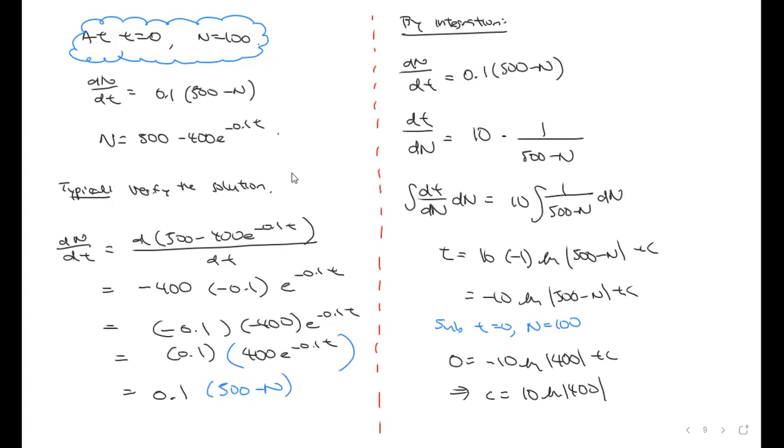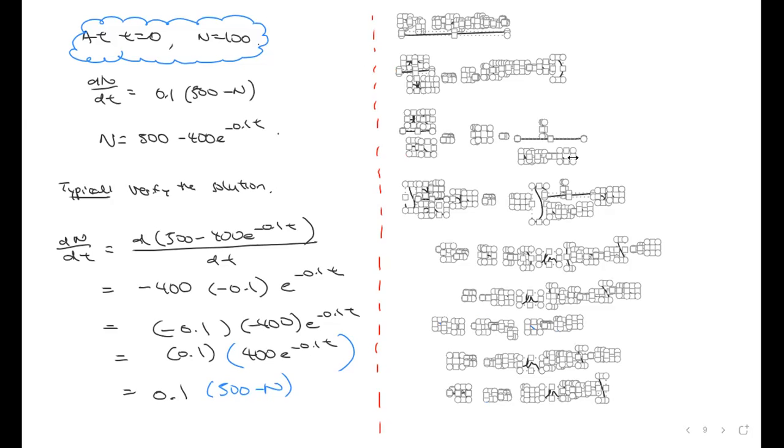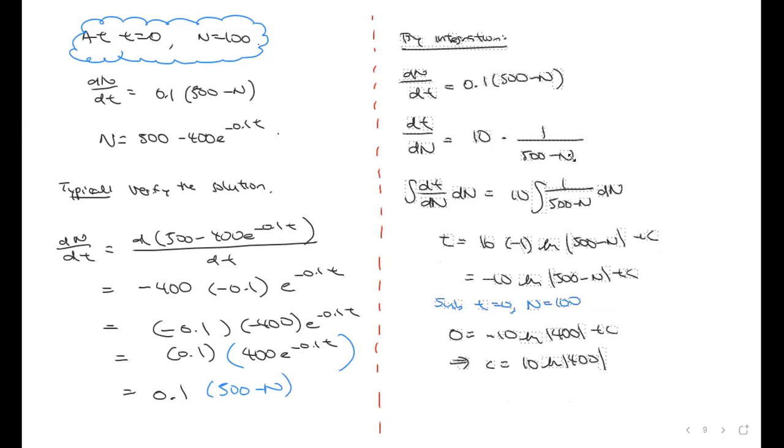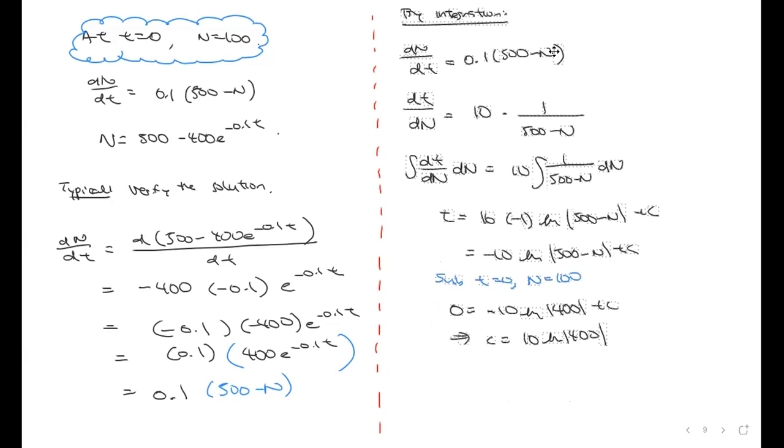So with that in mind, t must equal your negative 10 log of 500 minus n plus 10 log of 400.